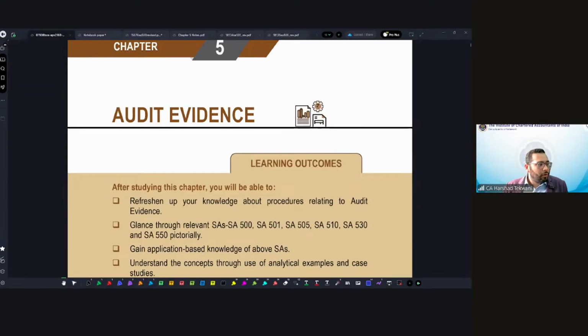Now, when I talk about relevant audit evidence, we already understood the part on relevance in the prior case also. But how can we make it more reliable? How can we make the evidence that is obtained from the external confirmation process more reliable?